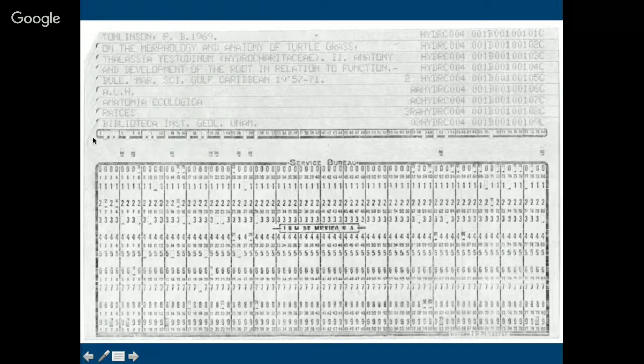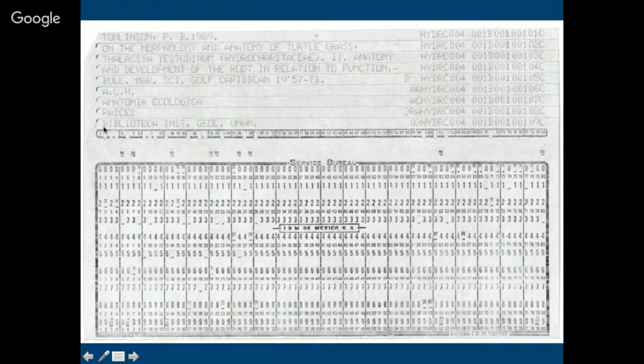Depending on what you wanted to enter, you were able to enter data of up to 80 characters. And those data were recorded as a set of punches in this card.